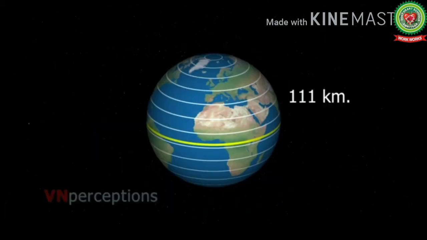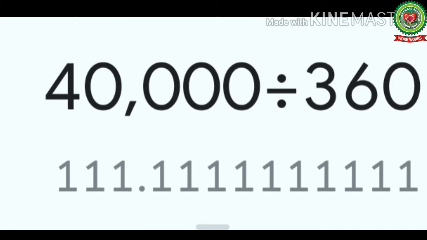The distance between two latitudes is always the same, that is 111 kilometers. Now how this 111 kilometers? If we divide the total circumference of the earth, that is 40,000, by 360°, we get approximately 111 kilometers.